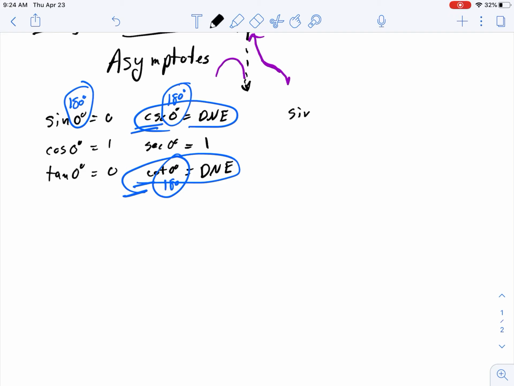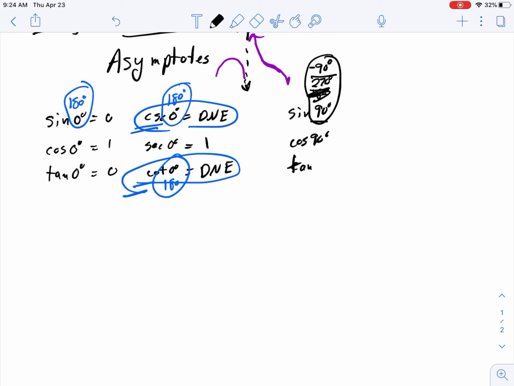Now then the other half, so let's look at, let's say, sine of 90 degrees. Well, that's the same thing as 270, or negative 90 degrees for those three there. So if we go through and do it for 90 degrees, we'll also have it for 270 and negative 90.